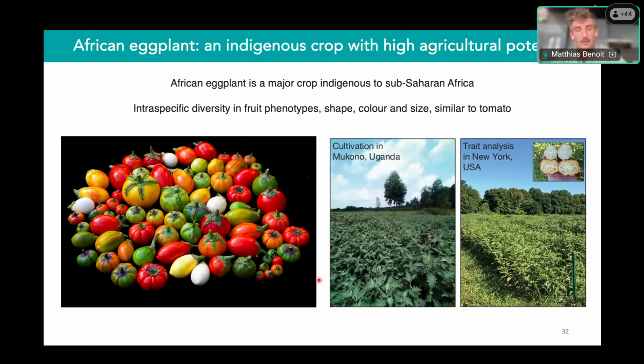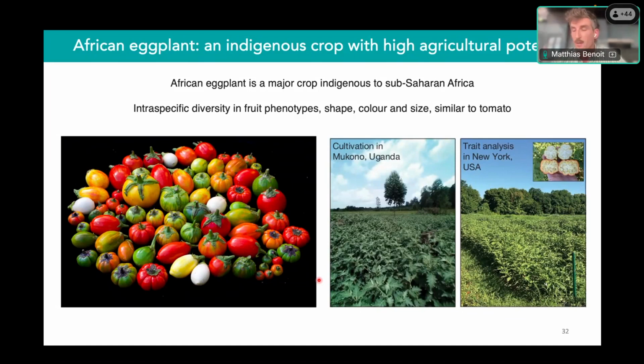African eggplant, as I presented in the introduction, is a really major indigenous crop that is widely cultivated in sub-Saharan Africa and also in Brazil, where it was brought by enslaved Africans.